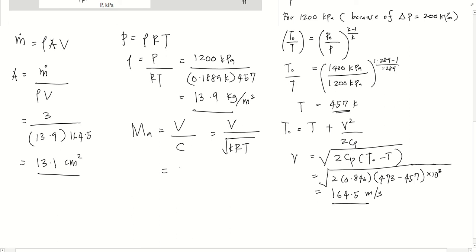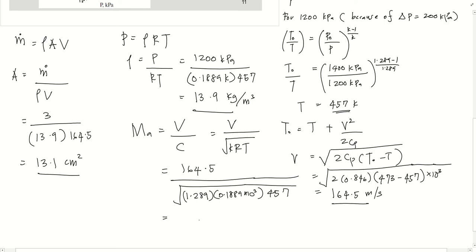So Mach number equals V, 164.5 meter per second, over the square root of KRT, where K equals 1.289 for carbon dioxide ideal gas, and R is 0.1889, in kilo, and the temperature is 457.